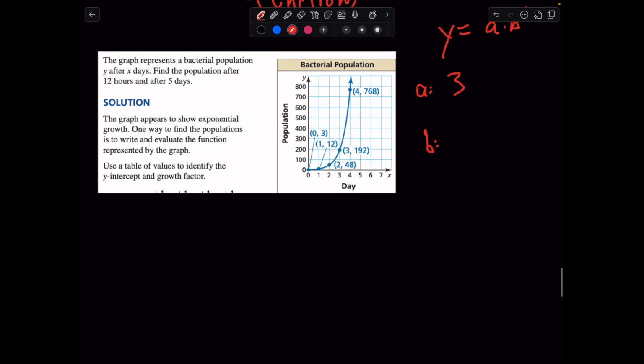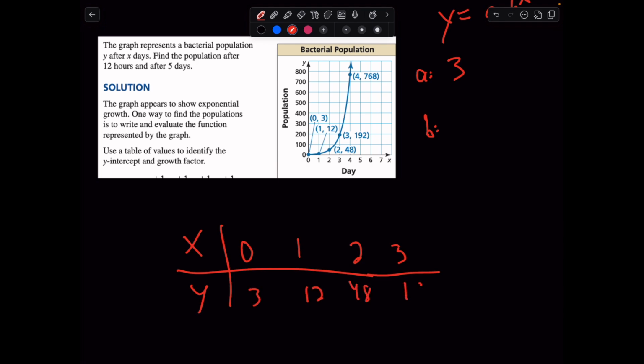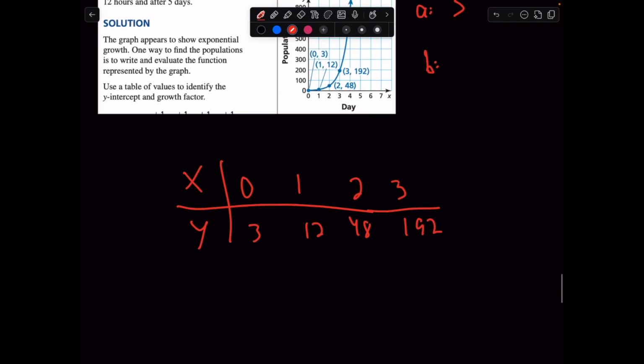Next, to find our B, we're going to make an XY table. So 0, 1, 2, 3. So 3, 12, 48, 192. So again, I'm going to take these two numbers and divide them. So 12 divided by 3, that's 4. So each time it should be 4. So this is times by 4. This is times by 4.